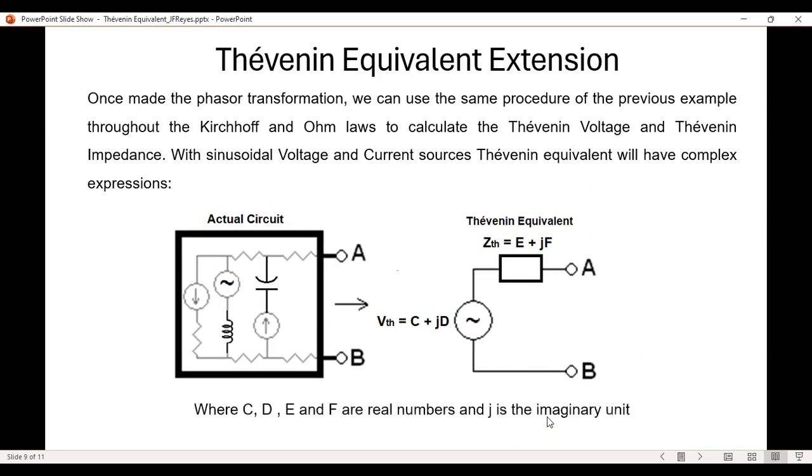In this representation, of course, letters C, D, E, and F of the Thevenin voltage and Thevenin impedance are real numbers, and j is the imaginary unit.